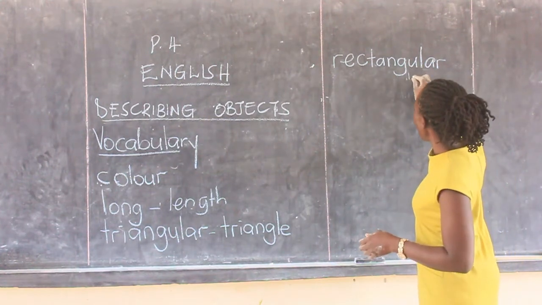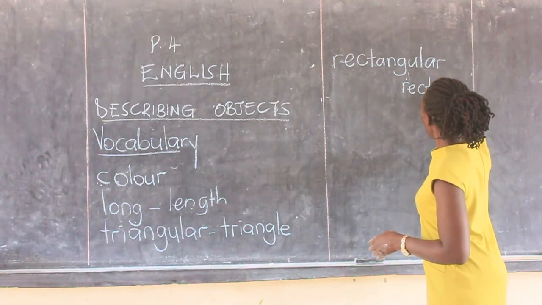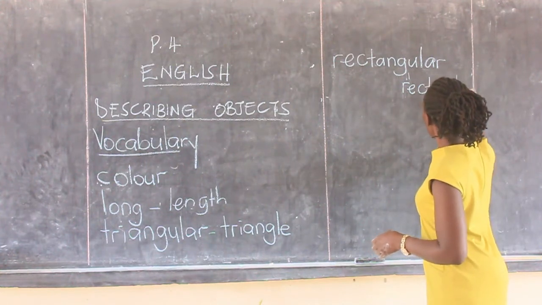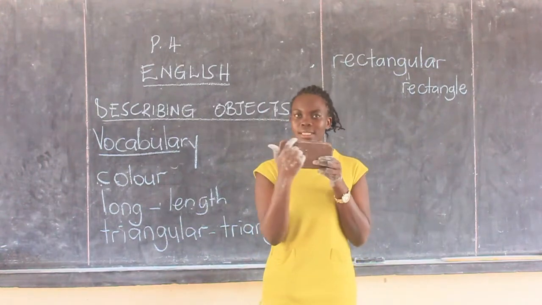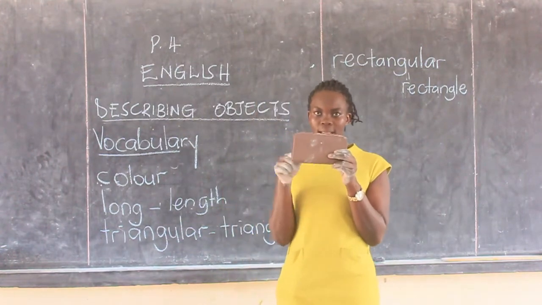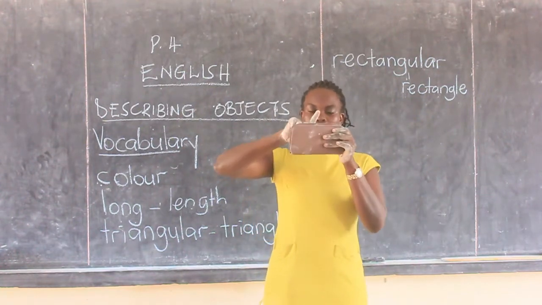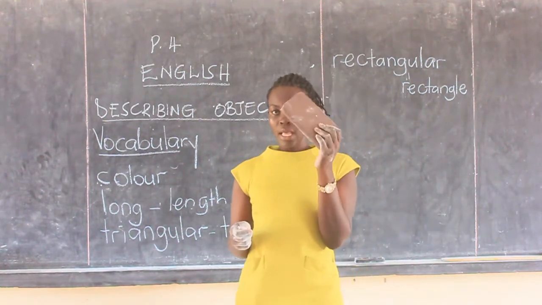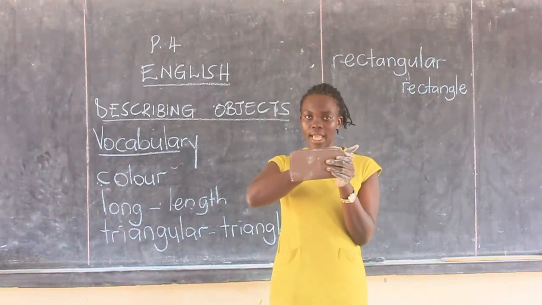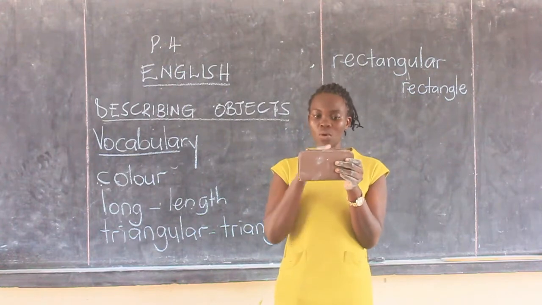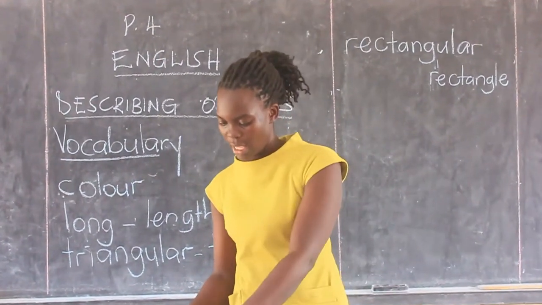Coming from the word rectangle. When you look at my wallet here, this upper side and the lower side, they are equal. This side is equal to this. So these are shorter and these are longer. When you have something in a shape of a rectangle, it should be that 2 sides are shorter but equal. Then the other two sides are longer but again equal.